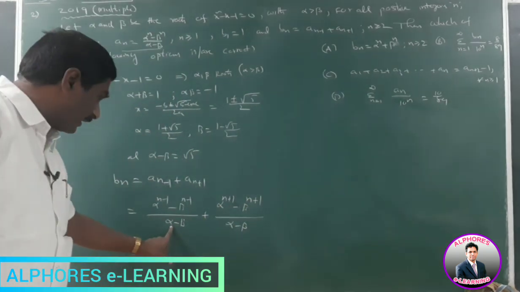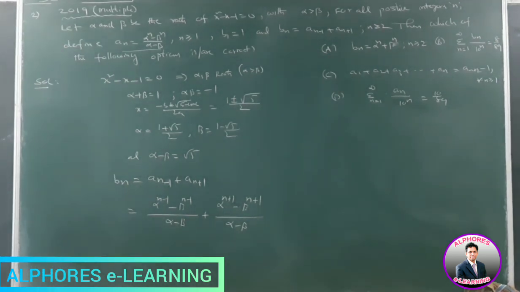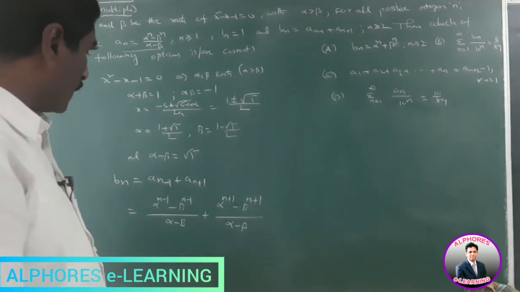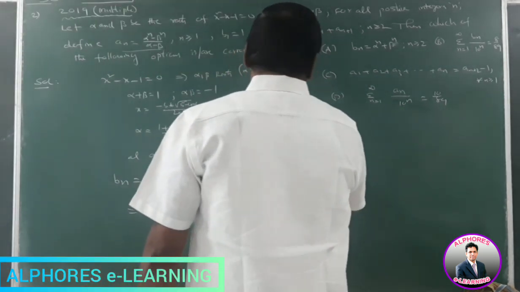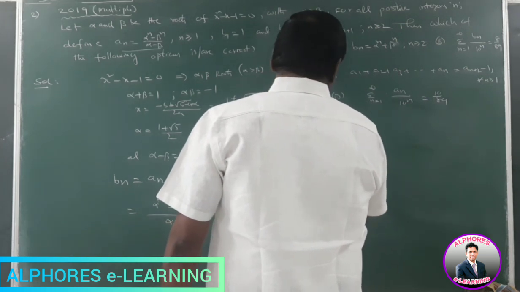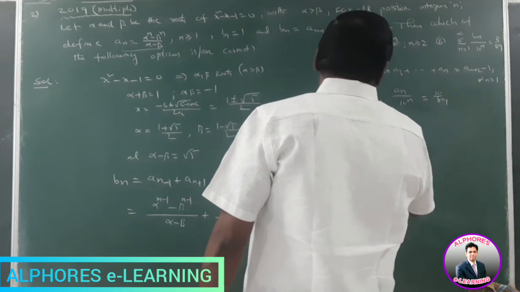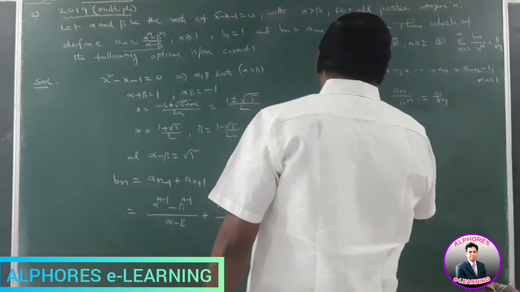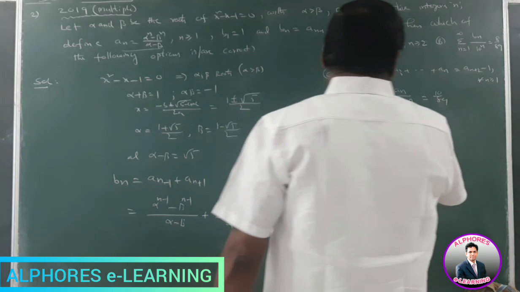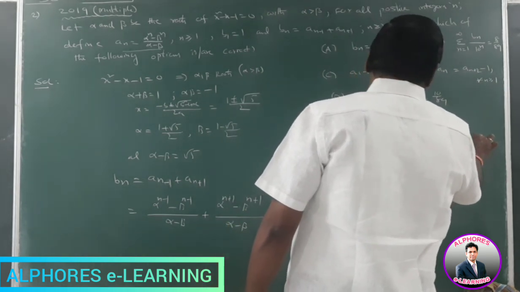Alpha minus beta, here also alpha minus beta. What is the LCM? Alpha minus beta is the LCM. That is equal to 1 by alpha minus beta, the common term. Now, alpha power n minus 1 minus beta power n minus 1 plus alpha power n plus 1 minus beta power n plus 1.